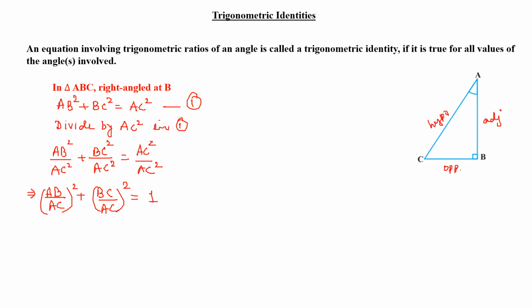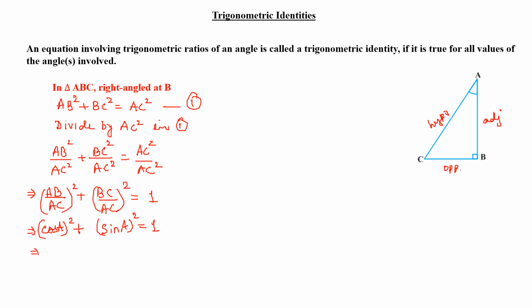Now AB by AC is adjacent by hypotenuse, and adjacent by hypotenuse is cos A, so I can write it as cos A whole square. Plus, now BC by AC is opposite by hypotenuse, which is sine A whole square, equal to 1.